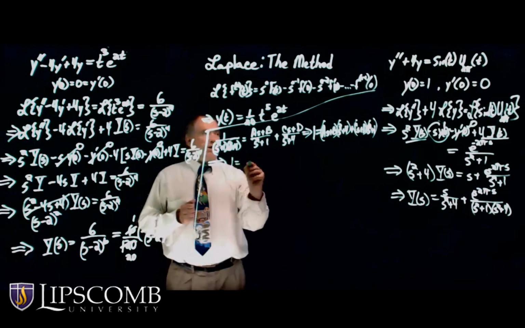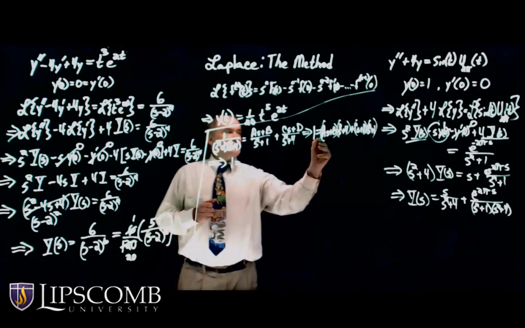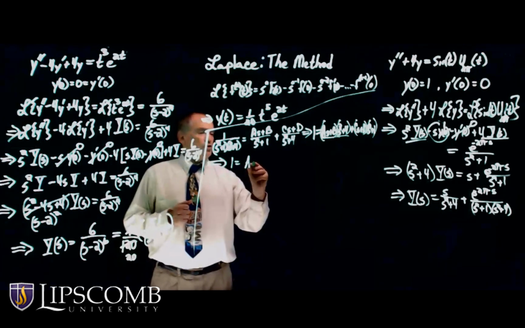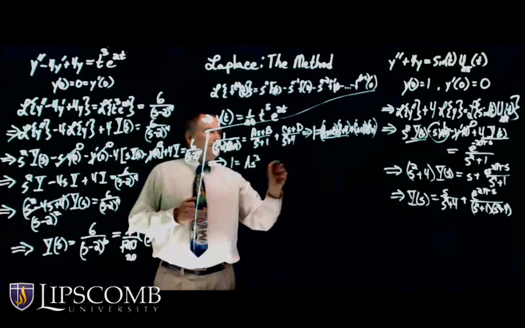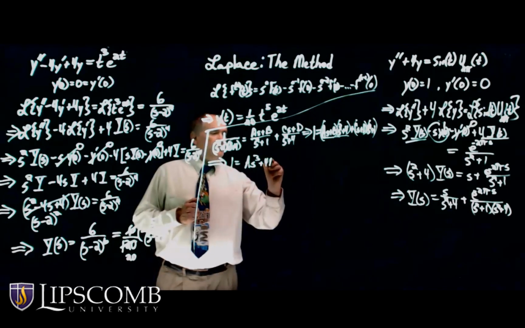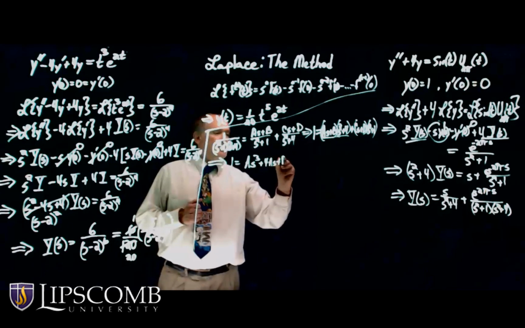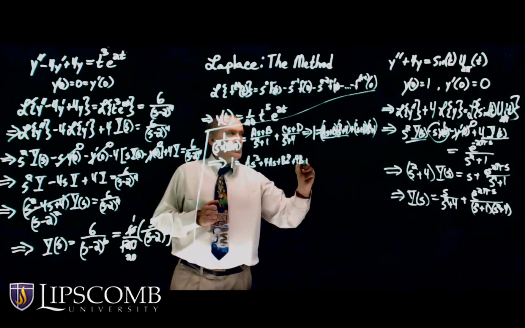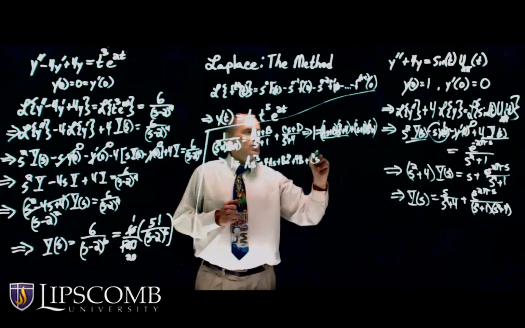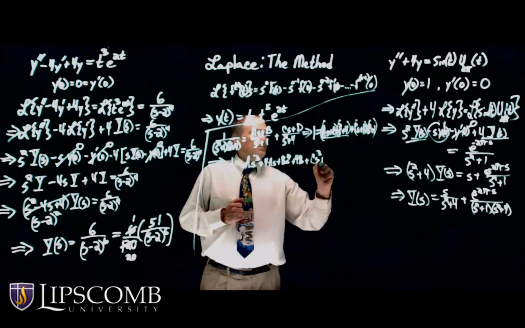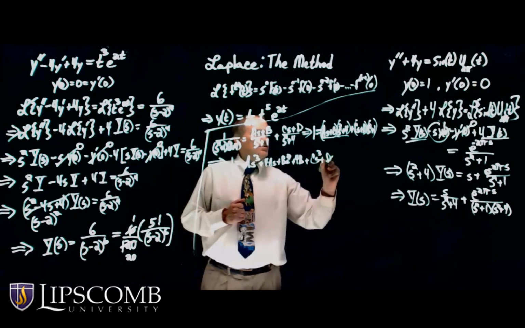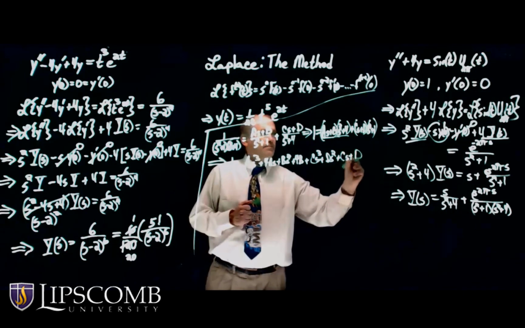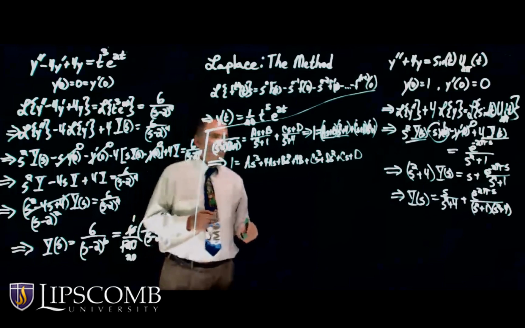I get 1 equals, let's do this one first. So this would be As cubed plus 4As plus Bs squared plus 4B plus Cs cubed plus Ds squared plus Cs plus D. I went ahead and put that in order.